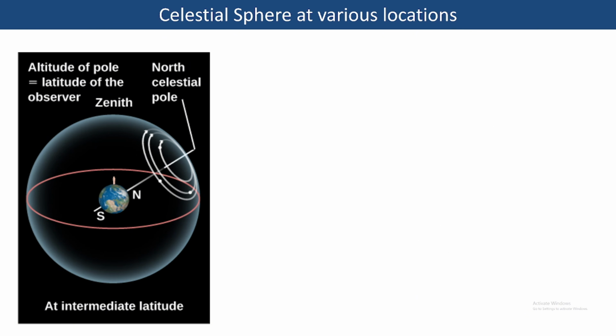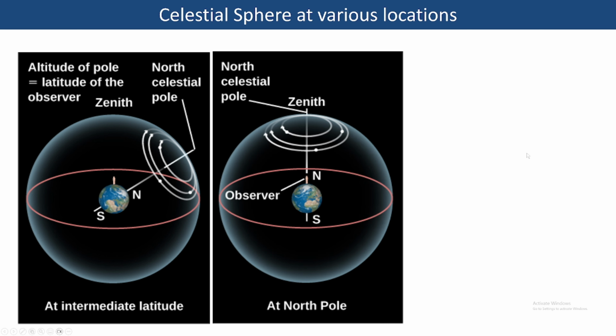Now, having understood the solar path for the northern hemisphere, right? Not the North Pole. Let's take a quick look at what happens at the North Pole. So this is the celestial sphere at the North Pole in comparison to the celestial sphere that we are familiar with. Because you stand on the North Pole, the zenith on top of you is also the North Celestial Pole.